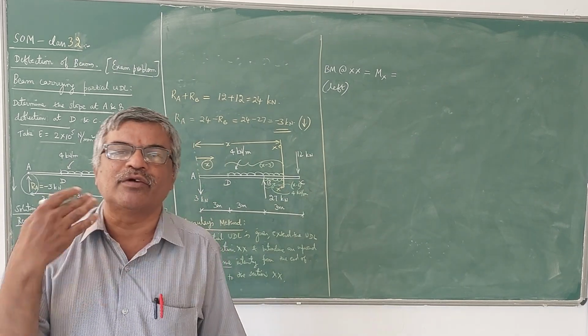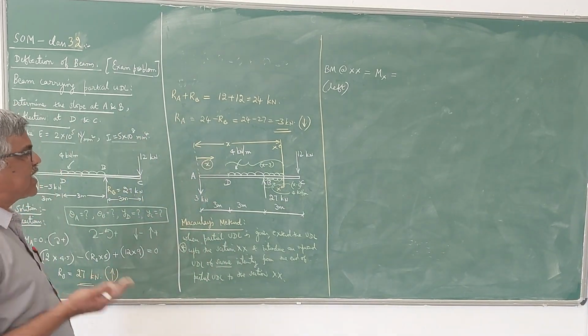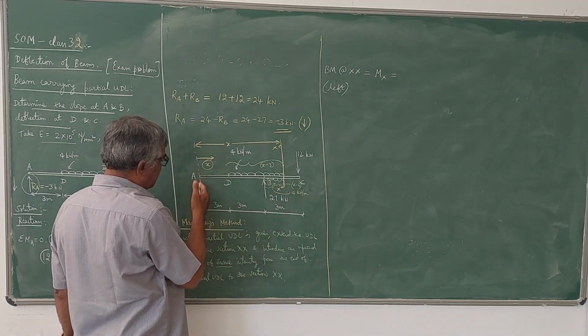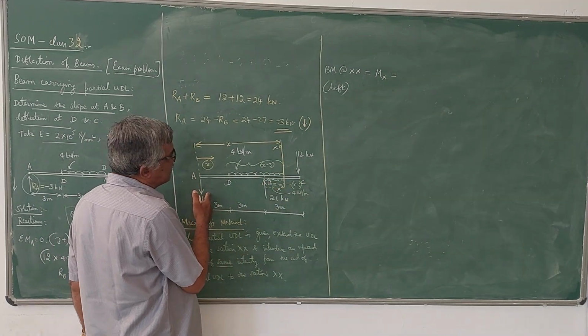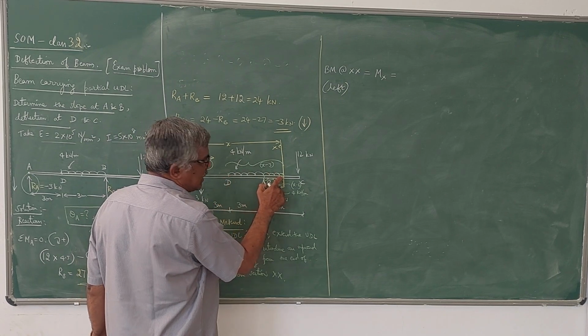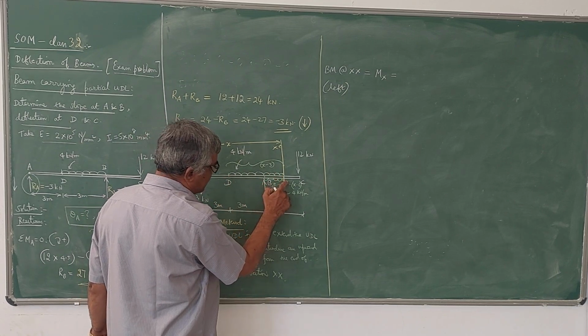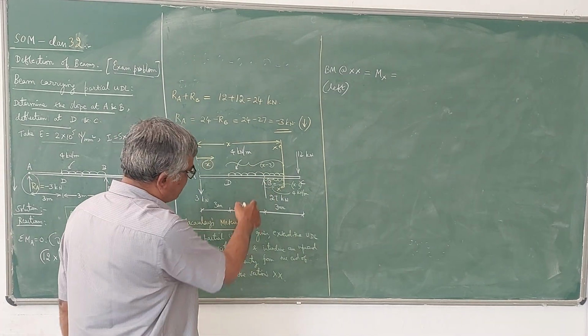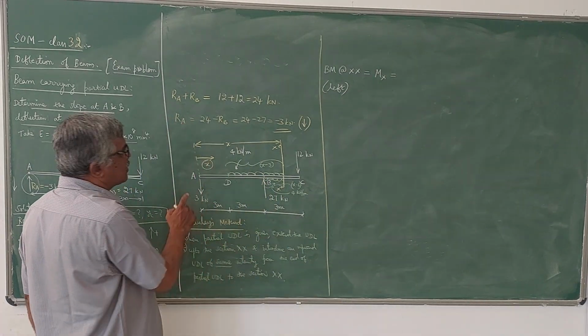If the force is acting upwards, it gives positive bending moment, that is sagging. So I have applied the bending moment due to this 3 kN downward, then due to this downward UDL, due to this upward UDL, and due to this 27 kN, which is upward.